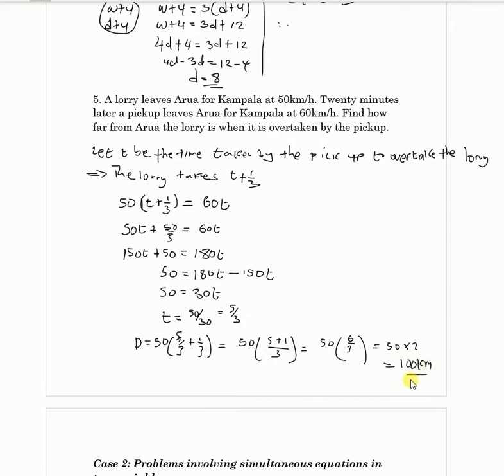So at the point when the lorry was overtaken, it had traveled 100 kilometers. Yes, that's what we have.